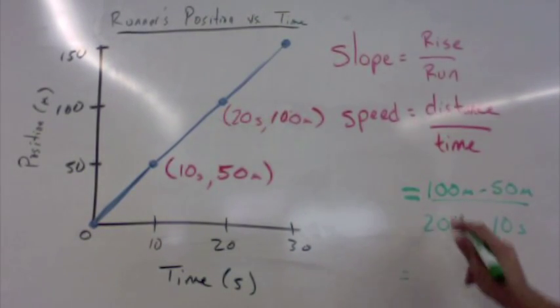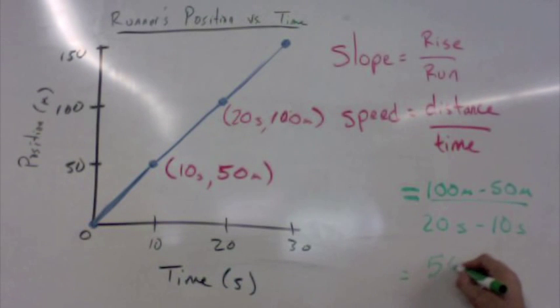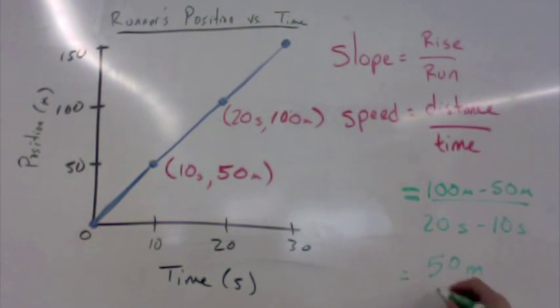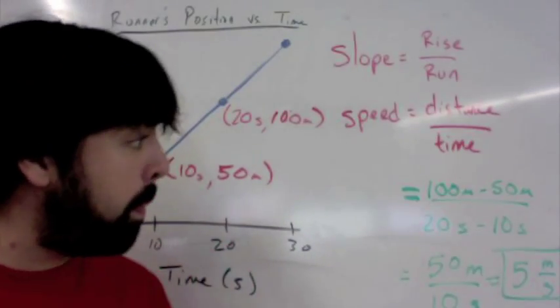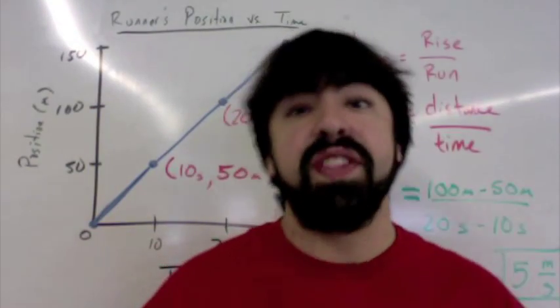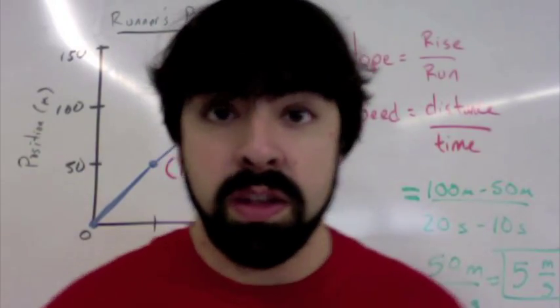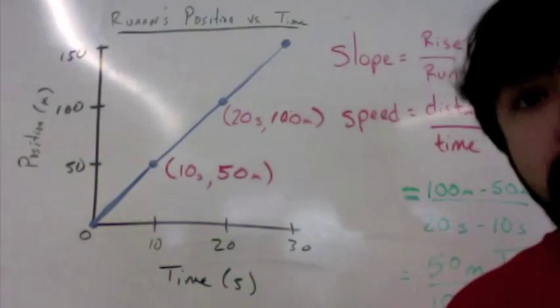So we get 100 minus 50 is 50 meters over 20 minus 10 is 10 seconds. And this is going to get us 50 divided by 10 is 5. Units carry over, meters per second. There you go. That is the slope of the line. The slope is 5. The speed, which is a constant speed, is 5 meters per second.